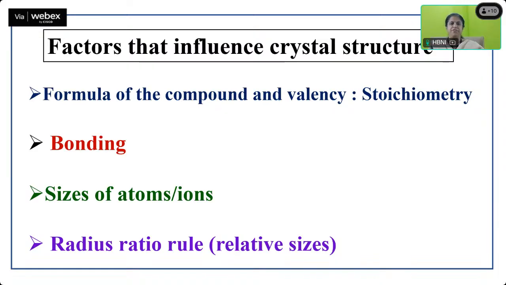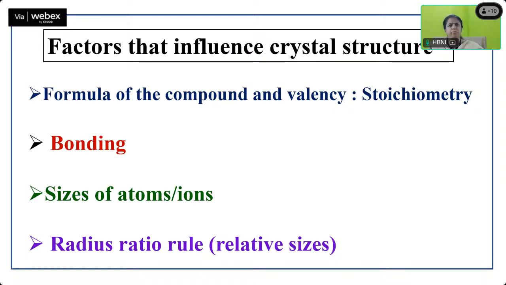Now, the first and foremost thing is the formula of the compound, by which I mean the stoichiometry of the compound. That means if your structure has the formula AB or AX, it can adopt only an AX kind of structure. It cannot go to AX2.